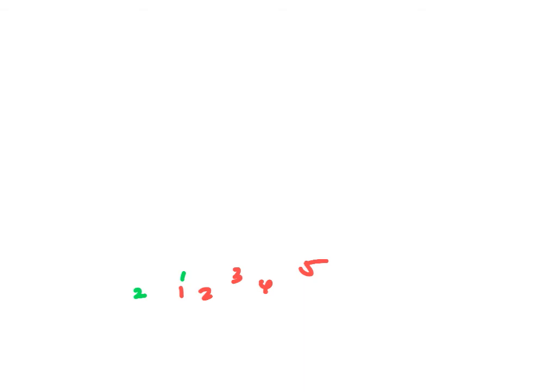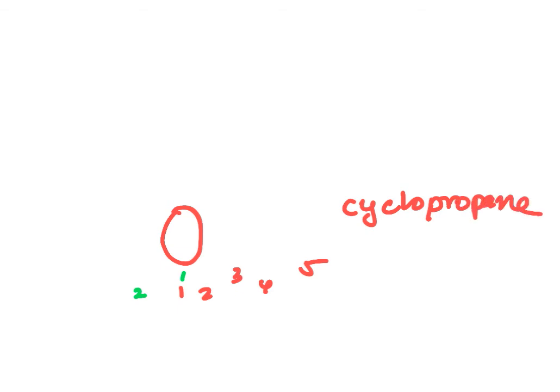So here, this is going to be a cyclopropane as the parent name, and then you're going to have a methyl substituent and a butyl substituent. So let me just erase my numbering so we don't get too confused. So here we would have a methyl substituent and a butyl substituent.